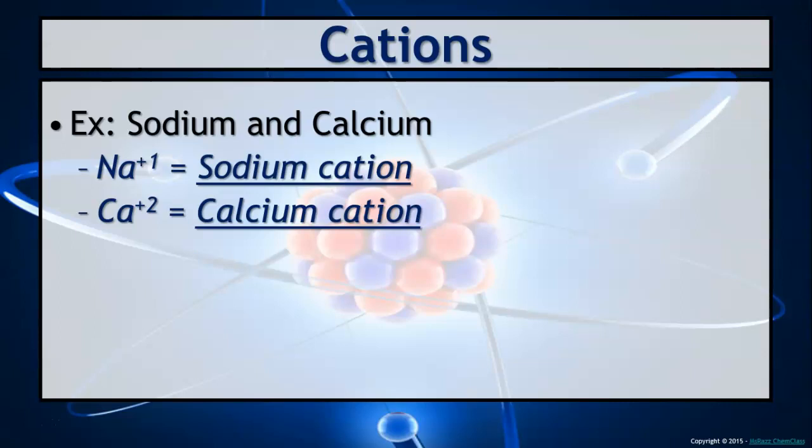We can also have calcium, Ca, that does exist sometimes as a +2 cation, which means it has 2 more protons than electrons. Calcium's atomic number happens to be 20, so calcium always has 20 protons. But if it's a positive ion, then it only has 18 electrons because it has 2 more protons than electrons.